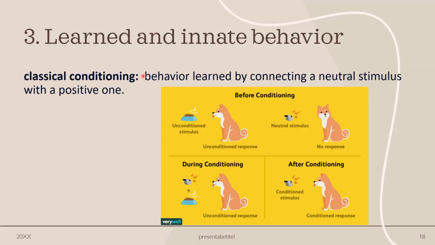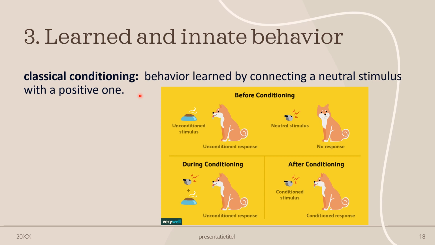Okay, the next thing we're going to discuss is some learned behavior. One of the examples is classical conditioning. There is another one too, like operant conditioning. So you have to know the whole term. It's classical conditioning. What is classical conditioning? To describe that, it's behavior learned by connecting a neutral stimulus with a positive one.